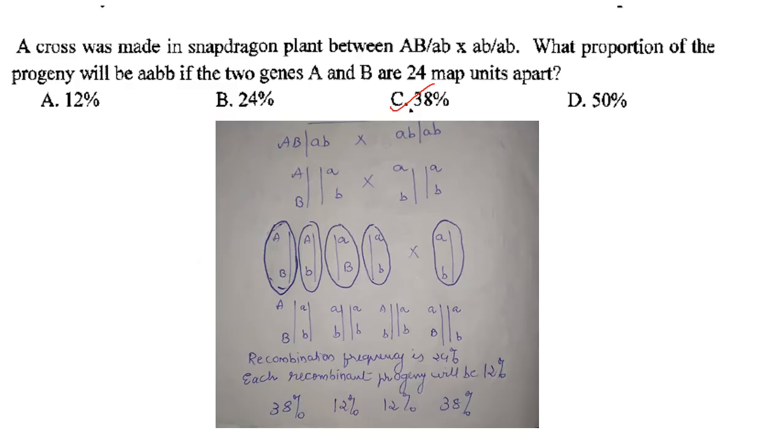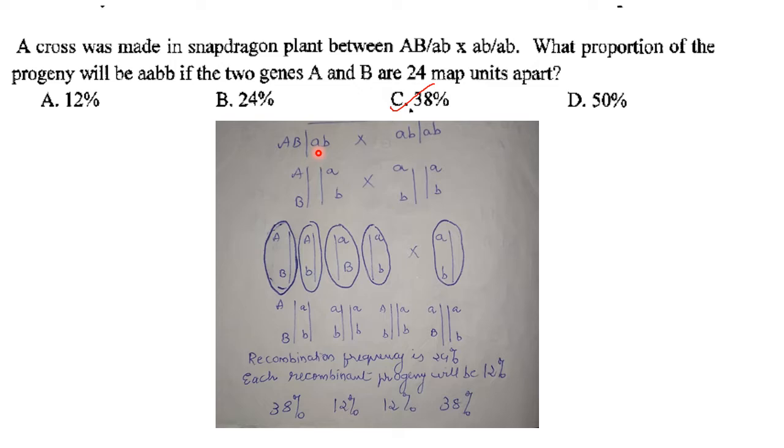Then next one. A cross was made in Snapdragon plant between capital A, capital B, small b into small a, small b, small b. What proportion of the progeny will be small b if the two genes A and B are 24 map units apart?